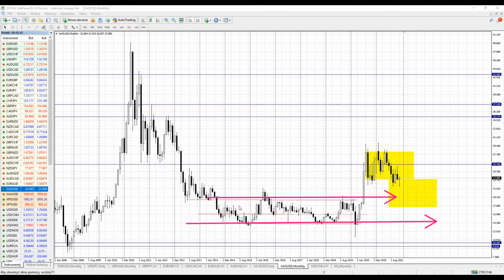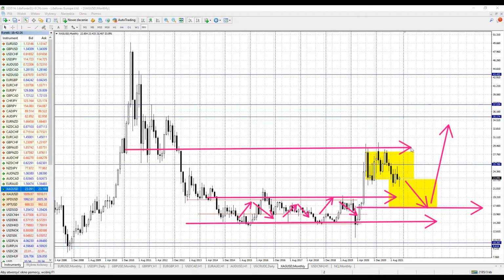That's the consolidation. And we might even retest 50% of that consolidation down as low as 16, and we might eventually see the rally at least towards 27.50, 28.